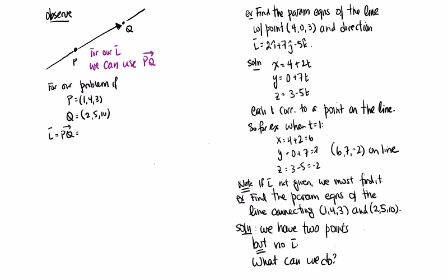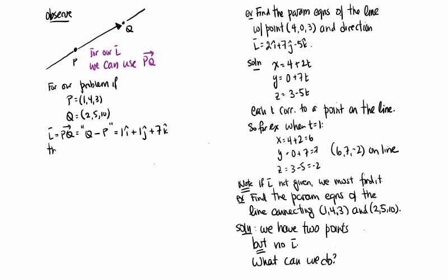It goes in the direction of the line. Remember how PQ is done? I take Q and I subtract P. So I get the vector 2 minus 1, 1i, 5 minus 4, 10 minus 3.